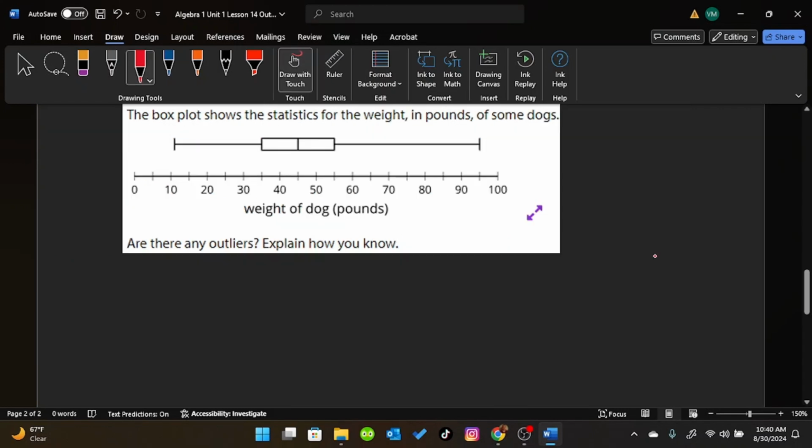The box plot shows the statistics for the weight in pounds of some dogs. Are there any outliers? Explain how you know. So to identify our outliers, we first need to calculate the IQR.